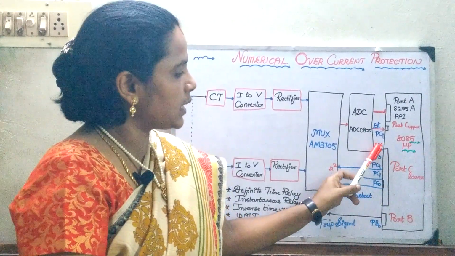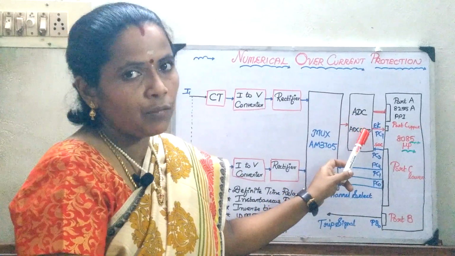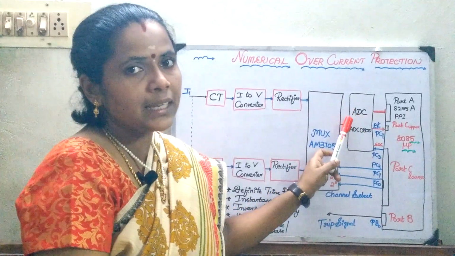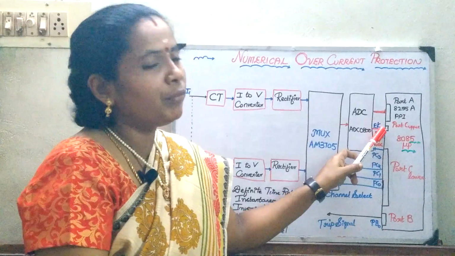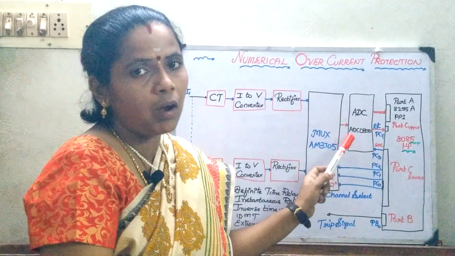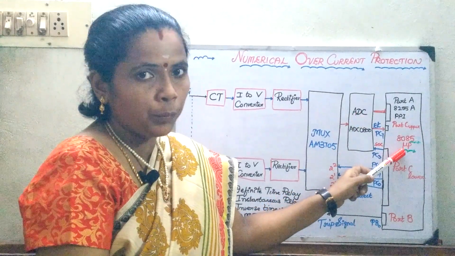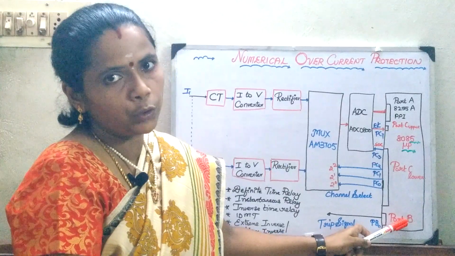Once this signal is given, it starts converting analog values to digital values. Once the entire conversion is over, the ADC issues an end of conversion signal to the microprocessor, meaning all the values are digitized. Now this data passes on to the microprocessor, which accordingly issues the trip signal at port B.